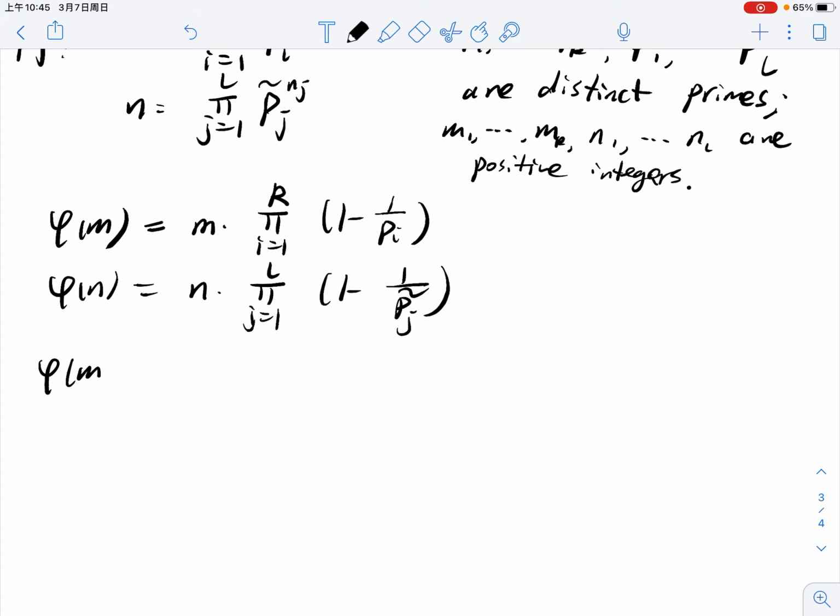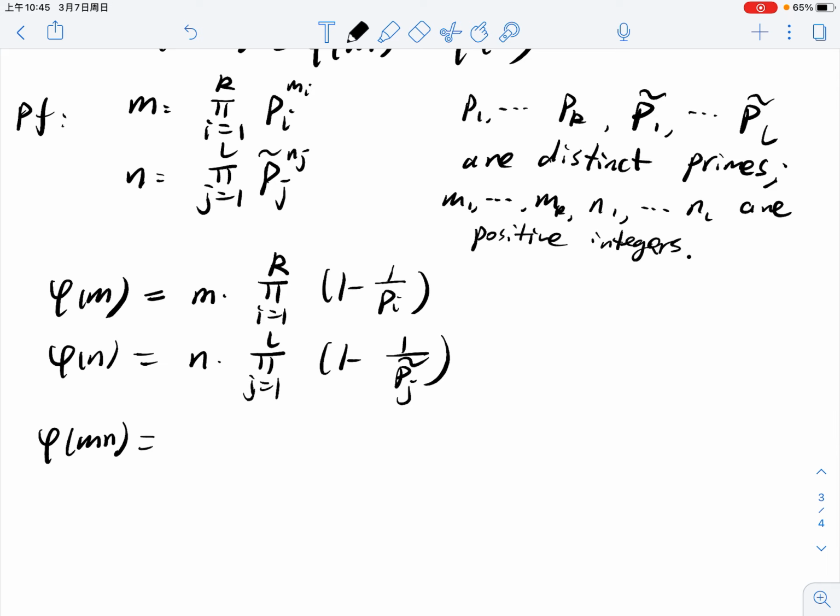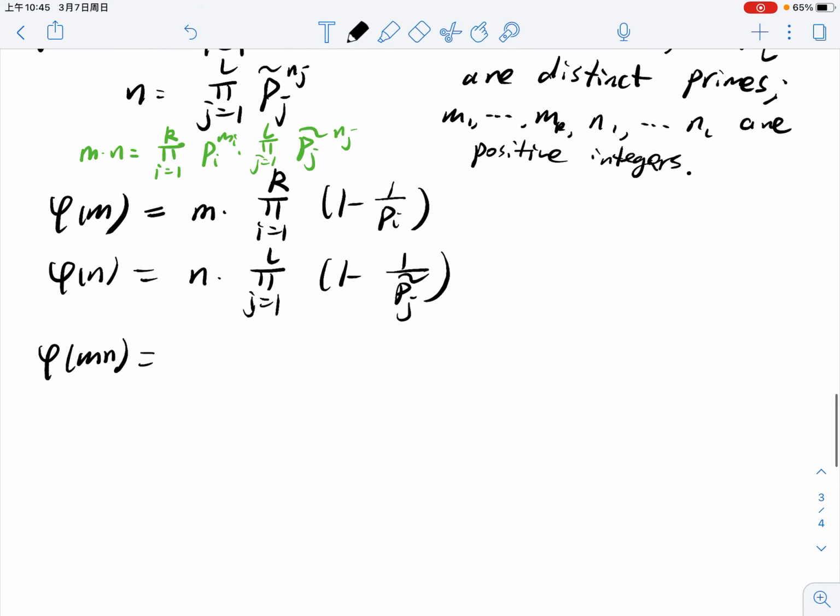And for mn, because here m times n is the product for i from 1 to k of pi to the mi times the product for j from 1 to l of p theta j to the nj, and since pi and p theta j are distinct, we can also apply the previous formula for m times n.